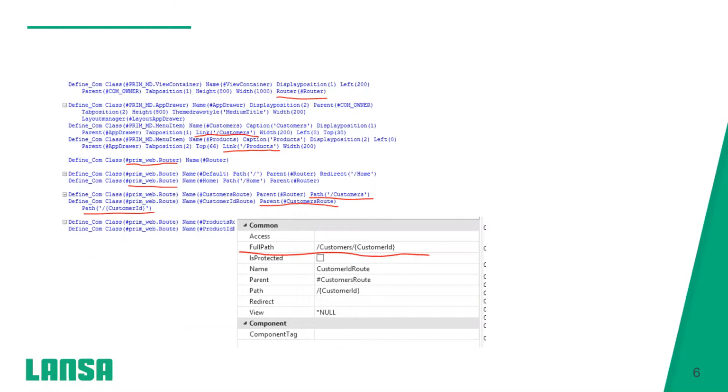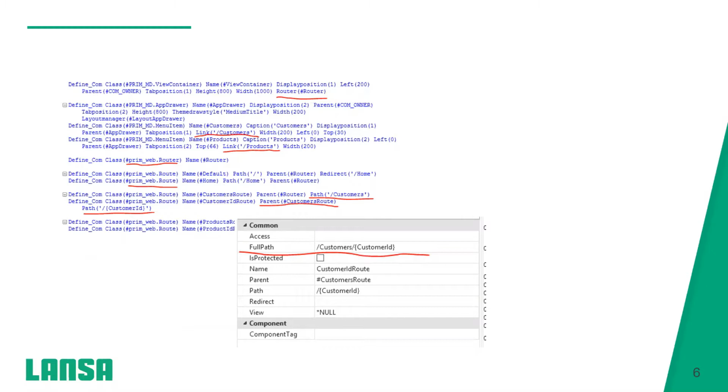Beyond that, you do provide the name of the route, and then you provide whether the route has a parent route or whether it's just going to be parented to your main router. And then from there, it's really determining what the path is. A lot of the paths are already included in the generation, and then what you can actually do is customize what those paths are, and then also nest other paths within that.